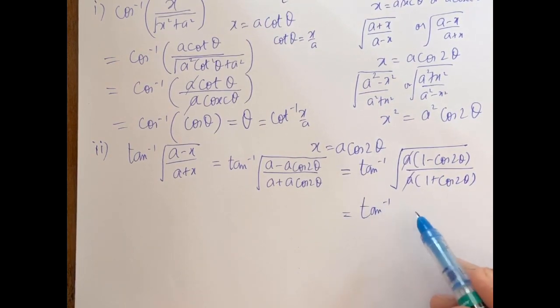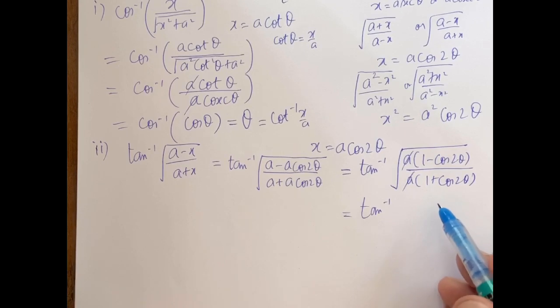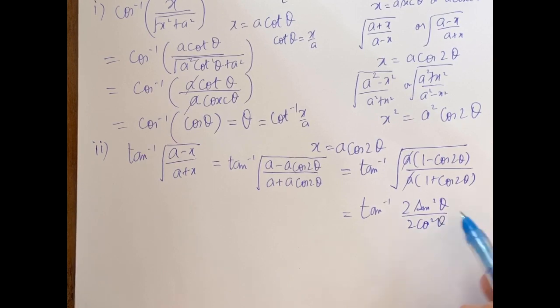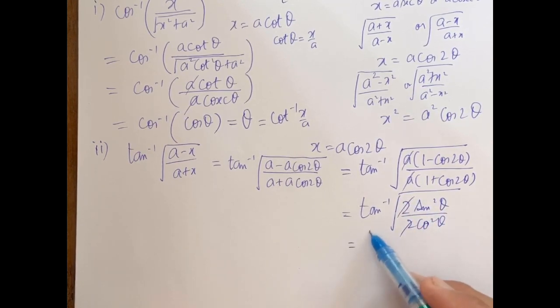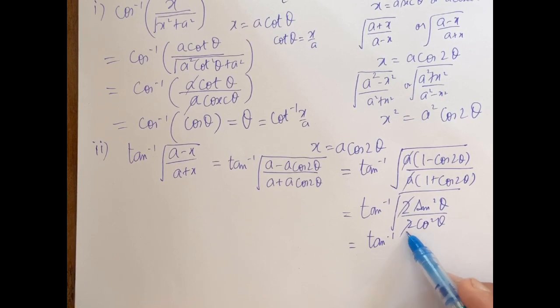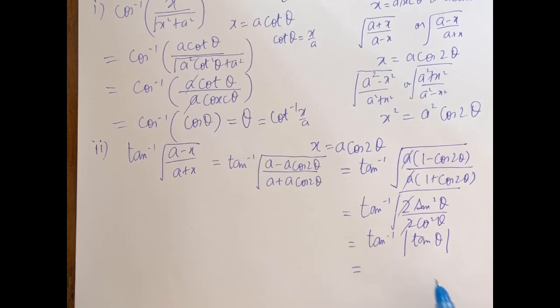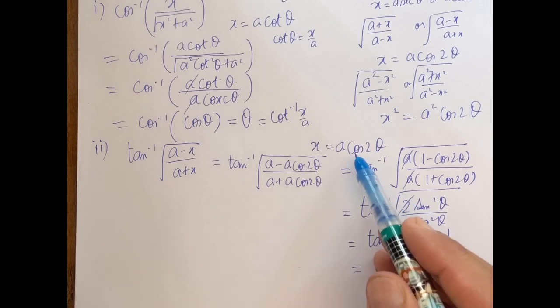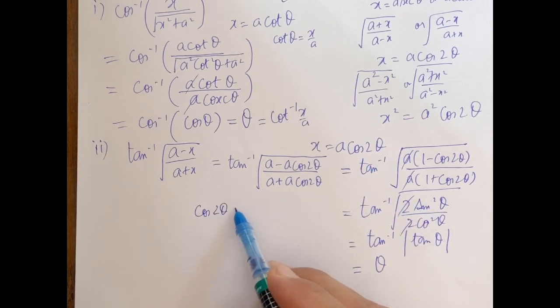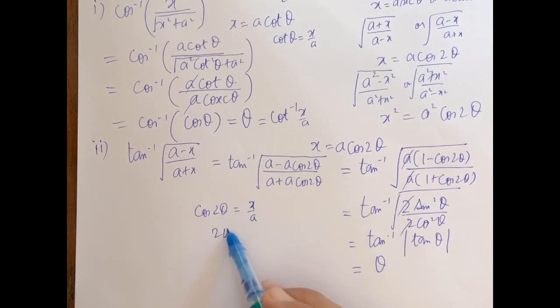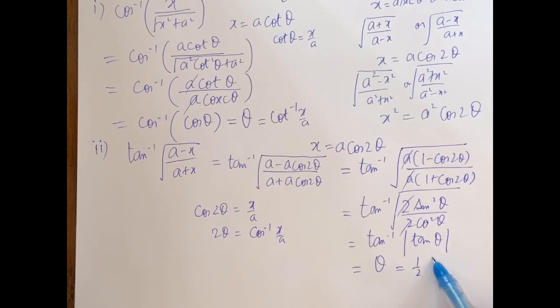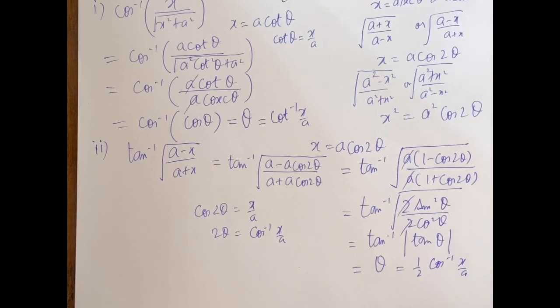So that's tan inverse of 1 minus cos of 2 theta is 2 sin square theta, and this is 2 cos square theta. This is tan inverse of mod of tan theta. So this is theta. Now from substitution we have cos of 2 theta equals x by a, or 2 theta is cos inverse of x by a, or theta is half cos inverse of x by a.